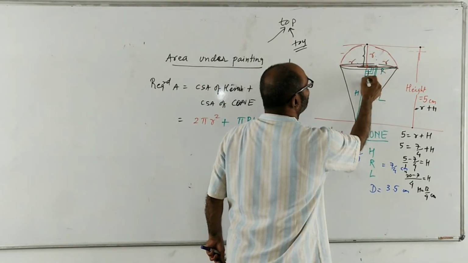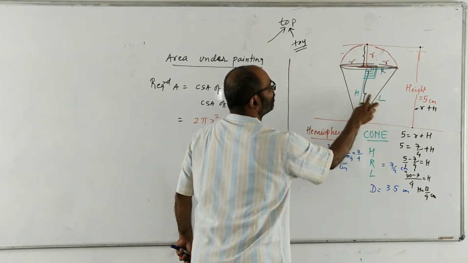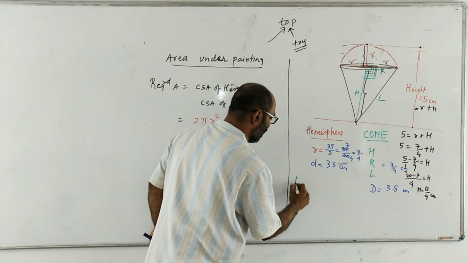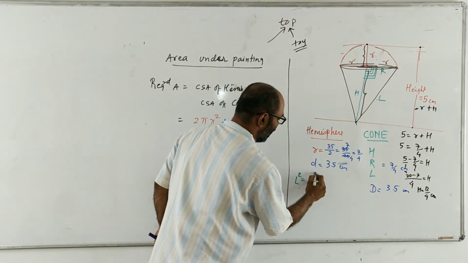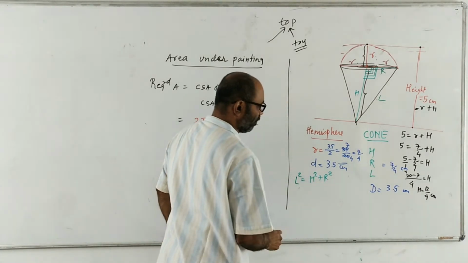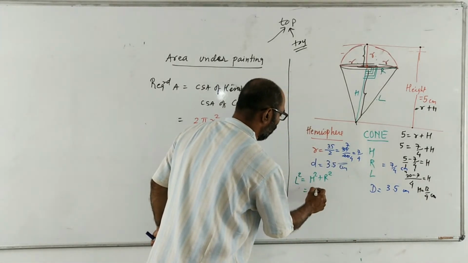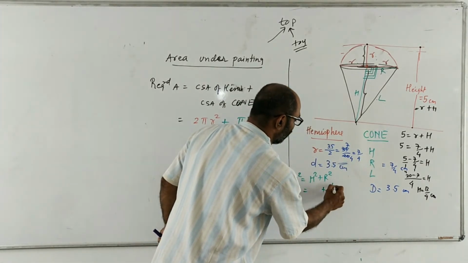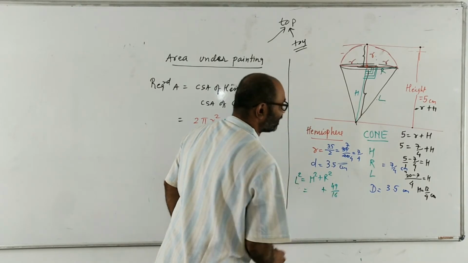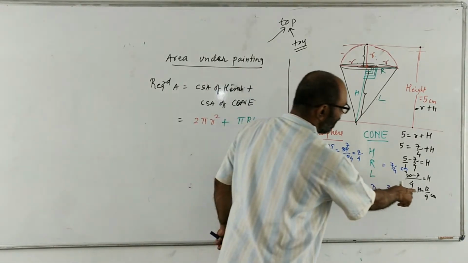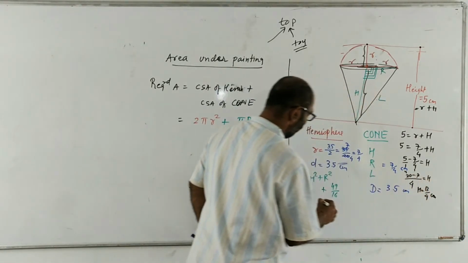Use Pythagoras to find L. L square is equal to h square plus r square. Well, what is r square? 7 by 4. So square करेंगे तो 49 by 16. और what is h? h क्या मिला? 13 by 4.